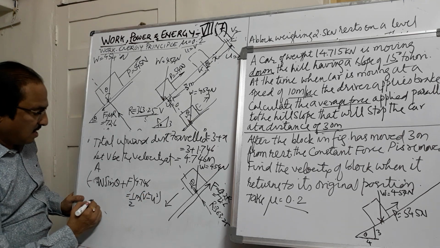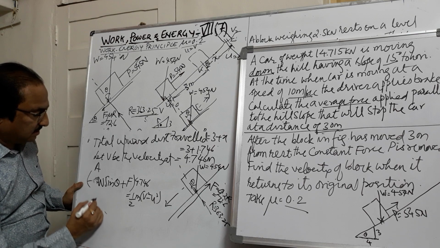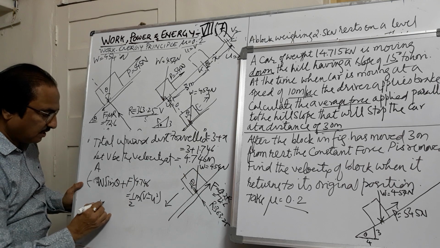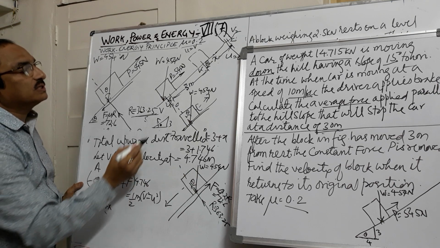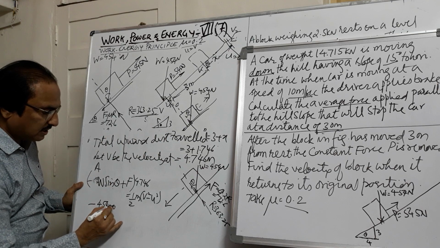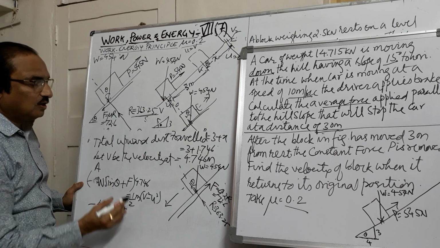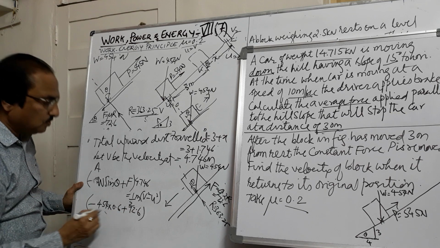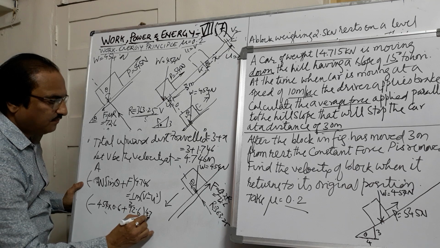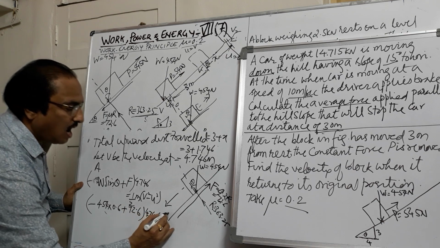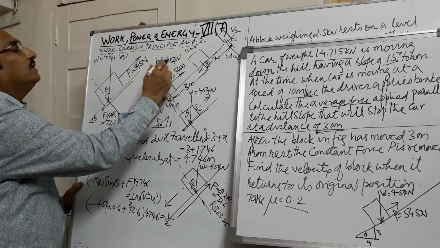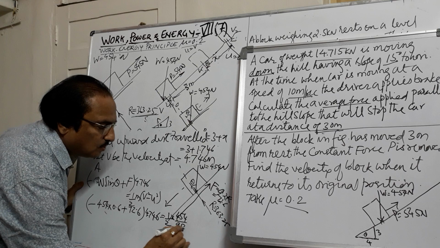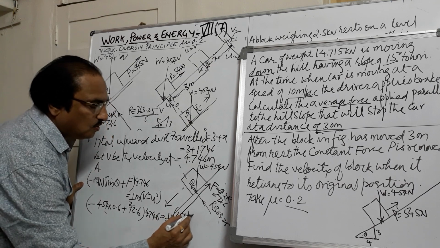Substituting the values here, minus W sin theta. W sin theta is 454 into sin theta, we have seen it is 3 by 5, it will be 0.6, plus the value of F, which we have seen is 72.6, into the distance it is traveling, 4.746, is equal to half into m, which is 454 divided by 9.81, mass, into v square.